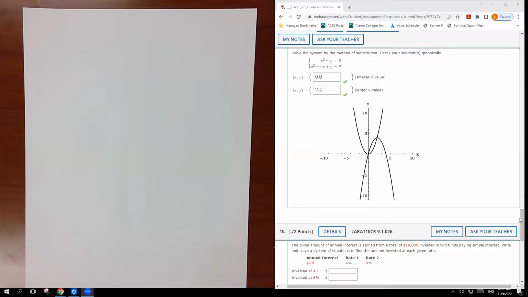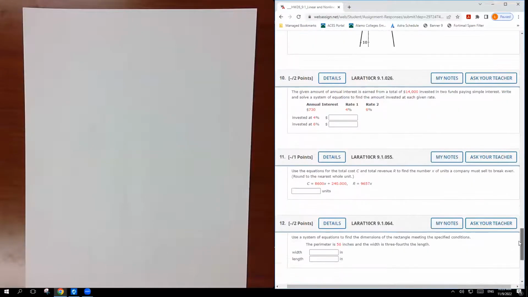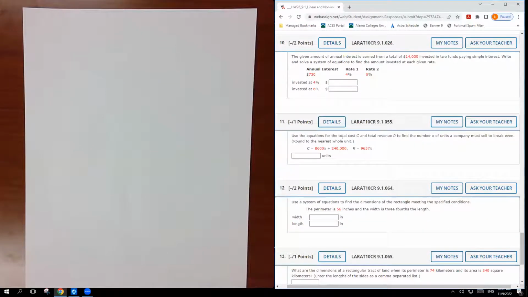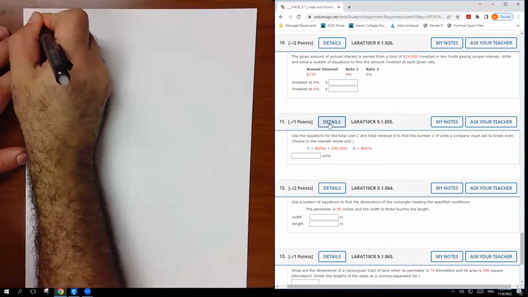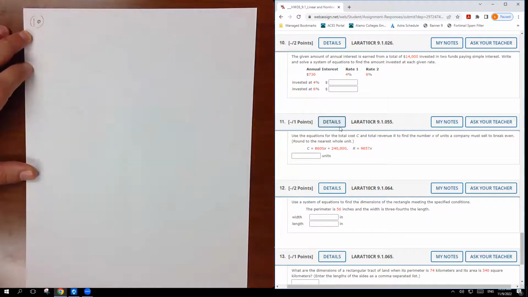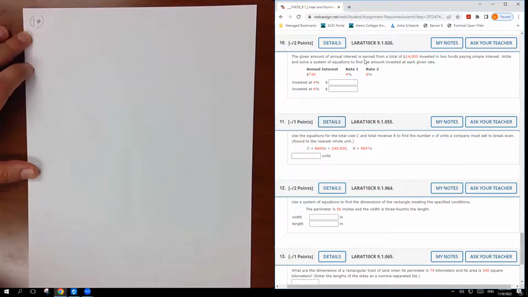Let's keep going to example 10. Example 10 is a really important one because you have to create the system. So they're telling you the given amount of annual interest earned from a total of 14,000 invested in two funds.